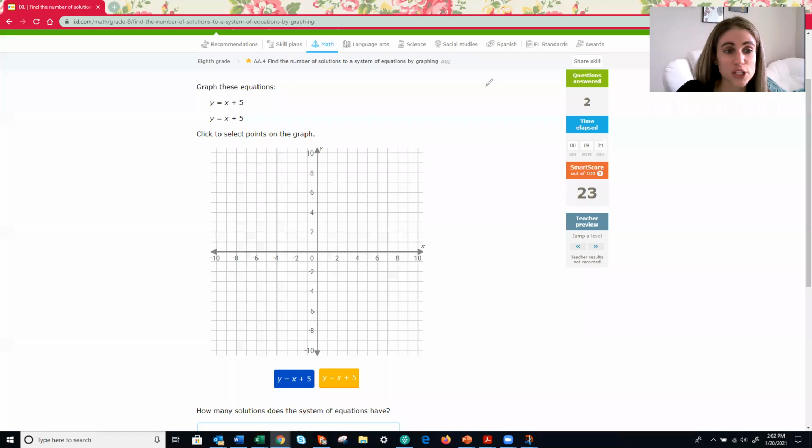All right, as always, we start our graphing with the y-intercept. Our very first one has a y-intercept of 5. What is our slope? It's not 0. If you said 0, that means there would be no x, because your m, your slope, is being multiplied by your x, and 0 times anything is 0.